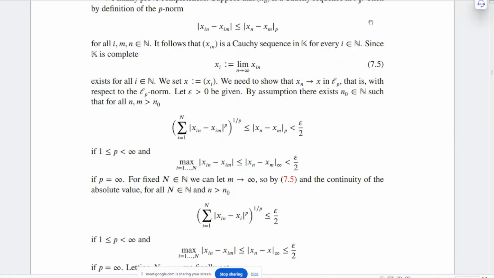Shall I write it? Because it is infinity norm. There is no infinity norm here. It is LP norm. Shall I write it and show it? Yes, sir.